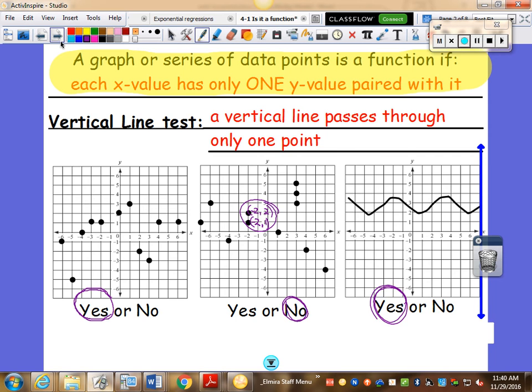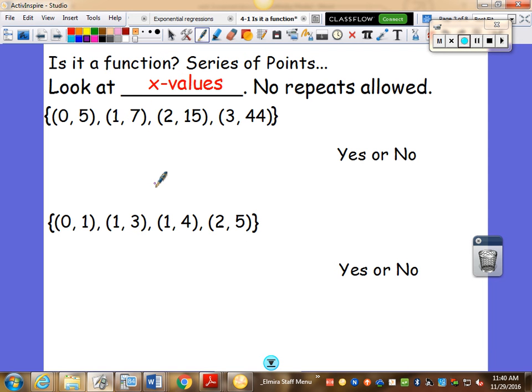Okay, going back to this. All right, now here's data represented in a different way. It's represented as a list of coordinate pairs. But all we care about are the x values, 0, 1, 2, and 3.